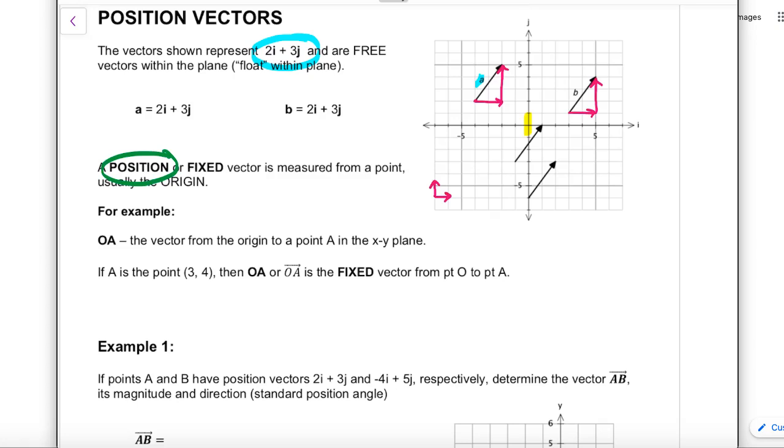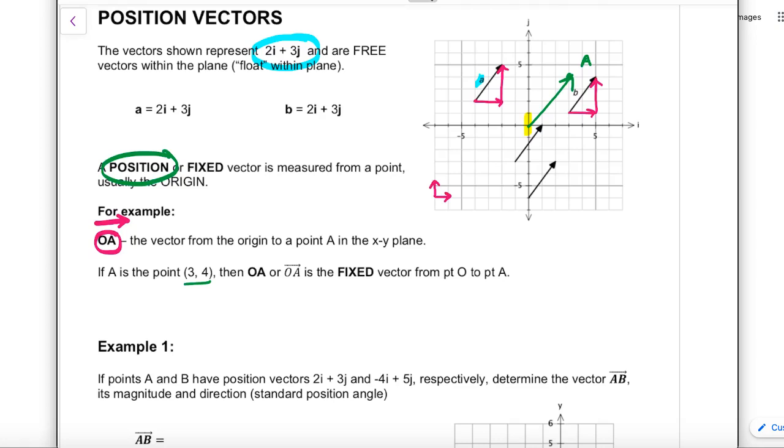So we're going to have a look at vector OA. We can put an arrow across the top of that. This is a vector going from the origin, 0, 0, to a point A. So let's use the point A as 3, 4. So we're going to go 3 across and 4 up. So there's my point A. So the vector from the origin to point A is a fixed vector.